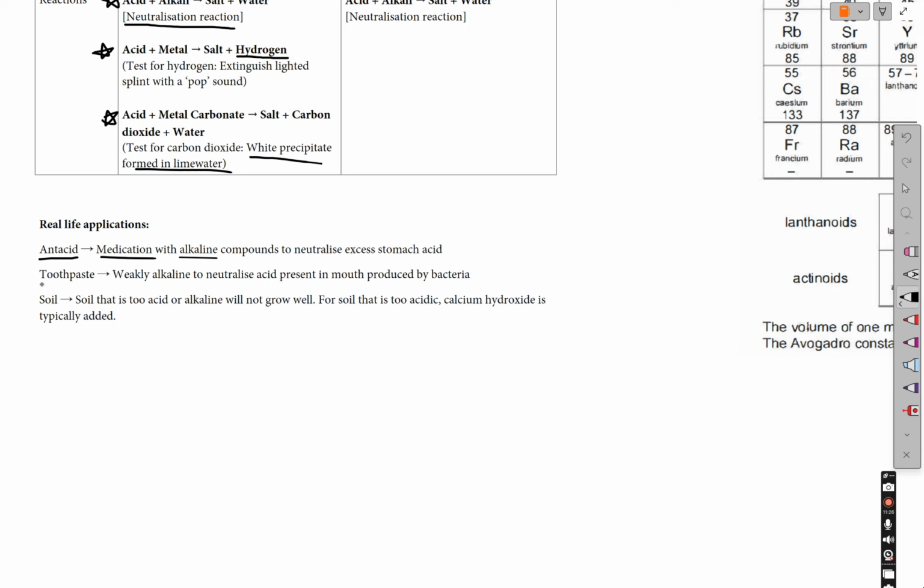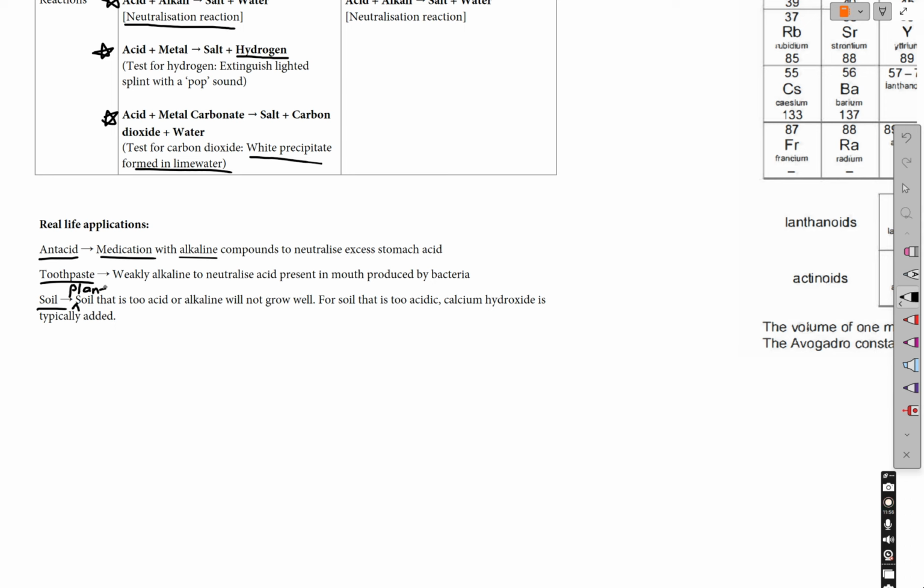Okay, then your toothpaste is weakly alkaline to neutralize acid present in the mouth produced by bacteria. So this will prevent the acid from corroding your teeth. And lastly, soil. Plants in soil that is too acidic or alkaline will not grow well.